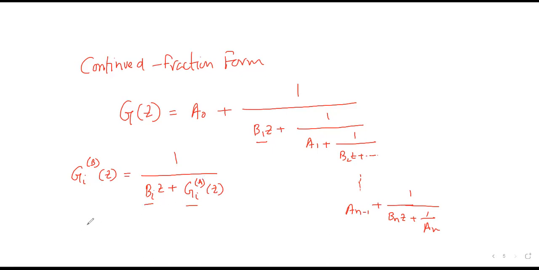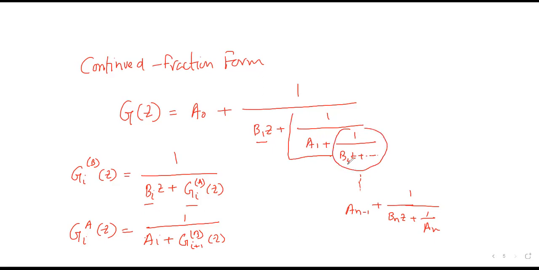So now what is G i A Z? It is basically 1 by A i plus next B function. So basically G i plus 1 B Z. So the ith function here, A i, is considering with the function that is involved with it.